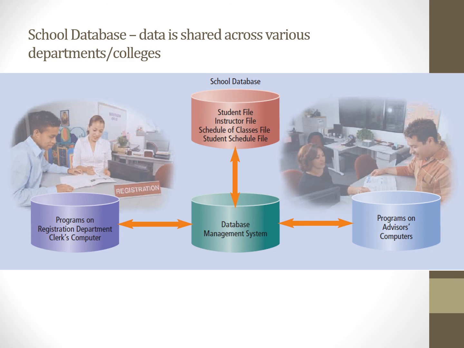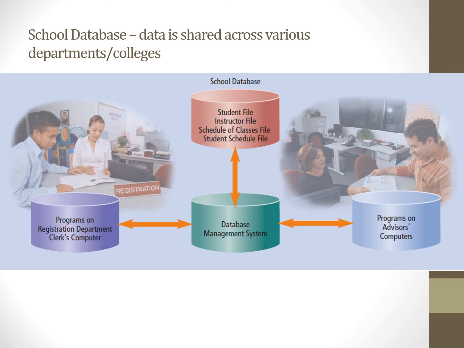So the programs in the registration department, all the data that they are accessing, are all coming from the database management system. The student file, the instructor file, schedule of classes, student schedule file, they are all coming from the database as well. Programs on advisors' computers are also coming from the database management system.